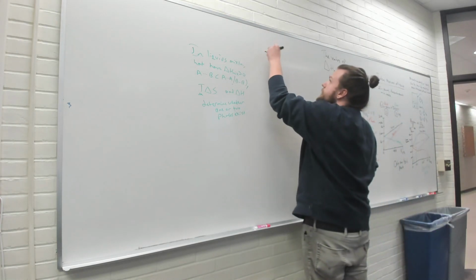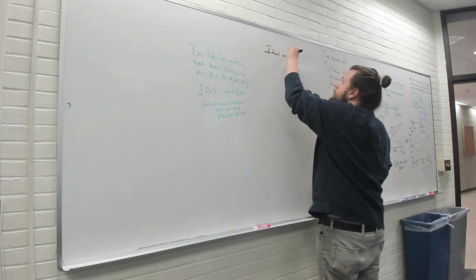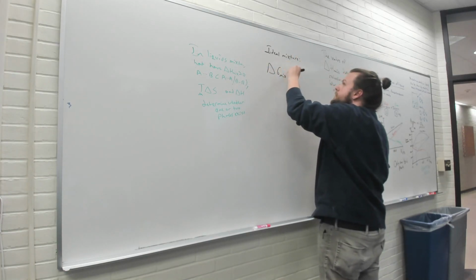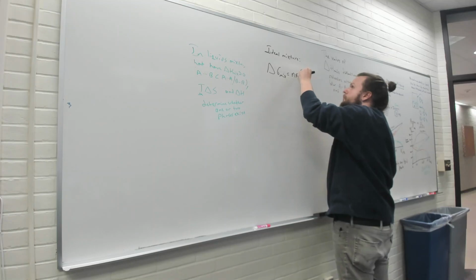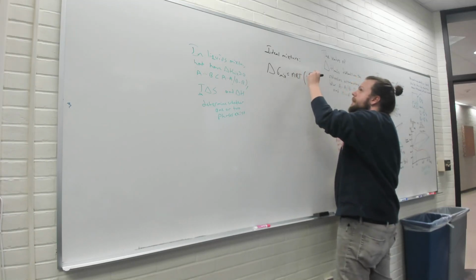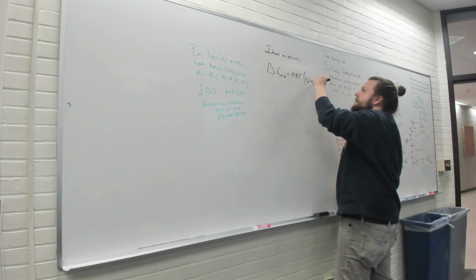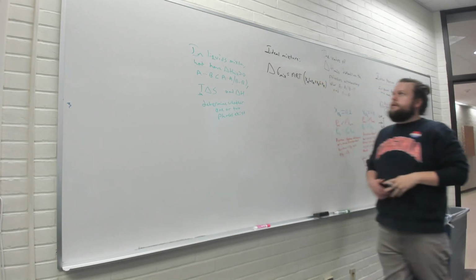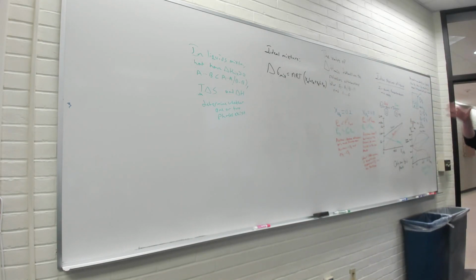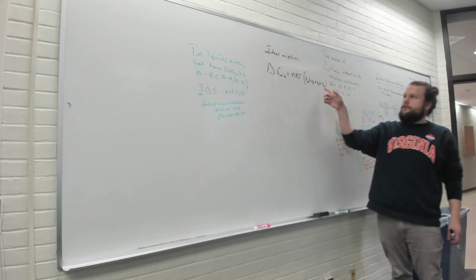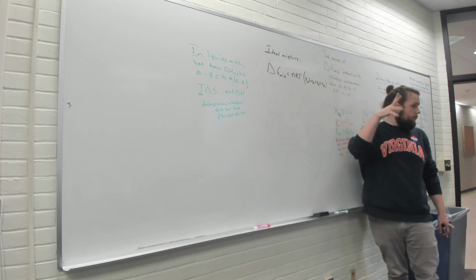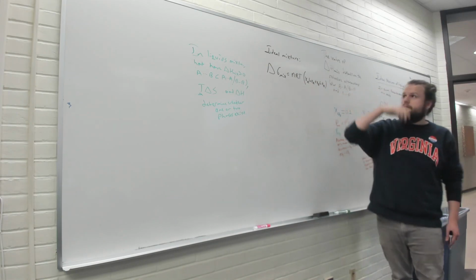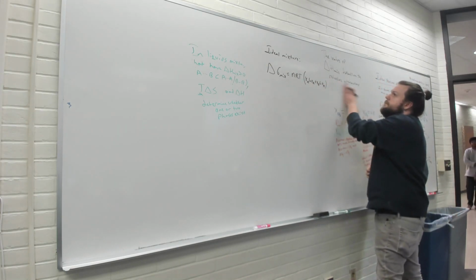For an ideal mixture, delta G of mix is equal to the number of moles RT times XA ln XA plus XB ln XB, for your two components A and B. And we showed that this is always negative, because the lns are always negative since XA and XB are less than 1. So this is a negative, this is a negative, and so the whole thing is negative, which is less than 0.